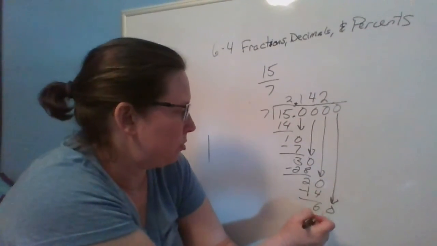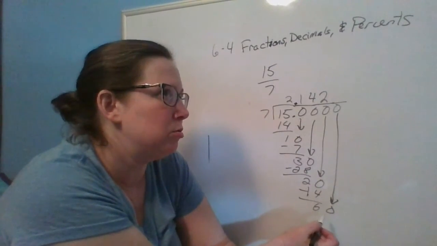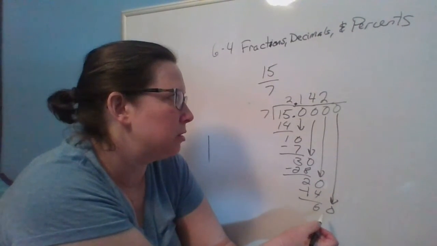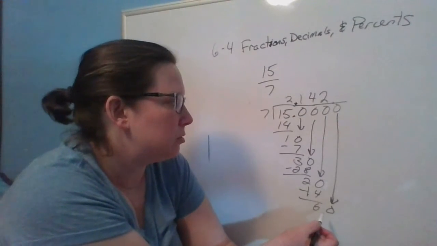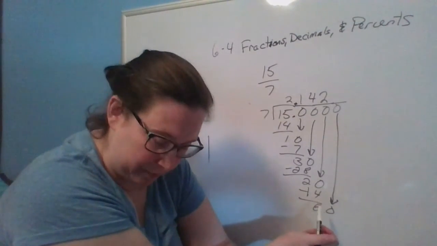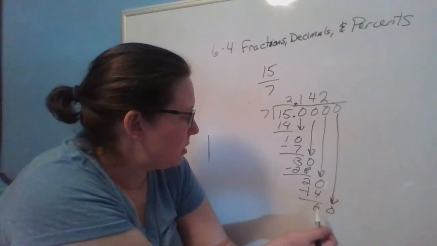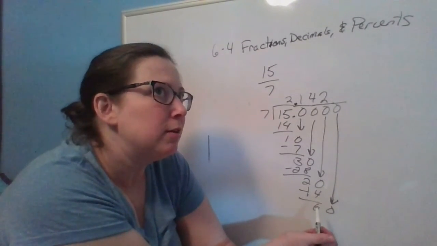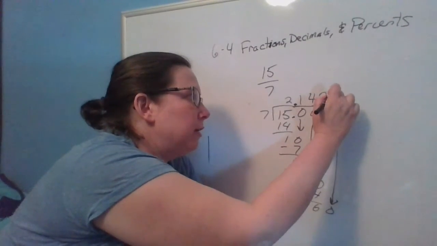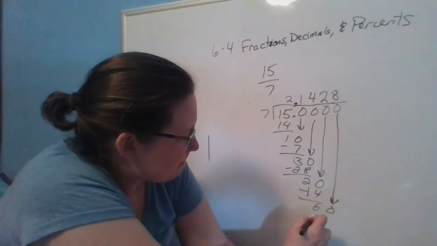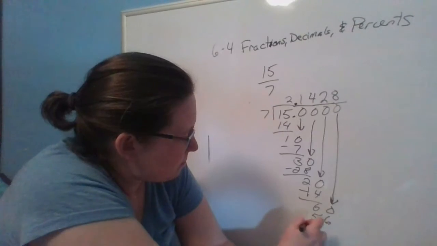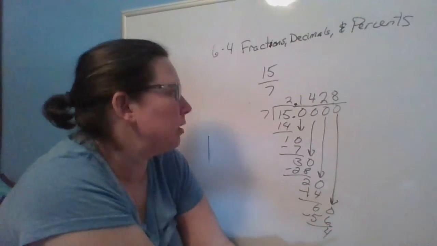Okay, so 7 goes into 60. Sometimes Mrs. Koenig blanks on her math facts. 7, let's see, it'd be 8, right? 56. Subtract, we get 4.